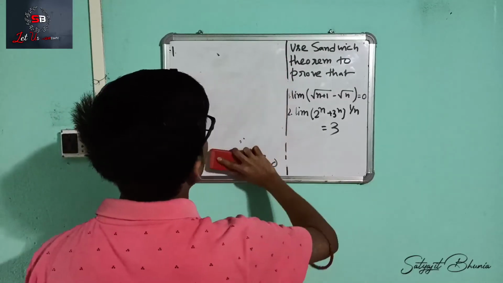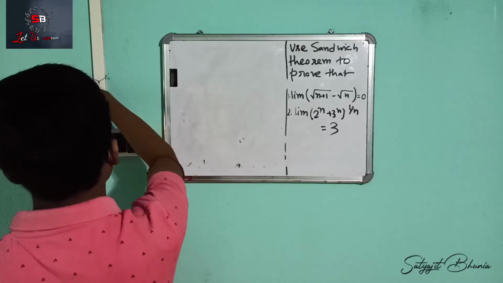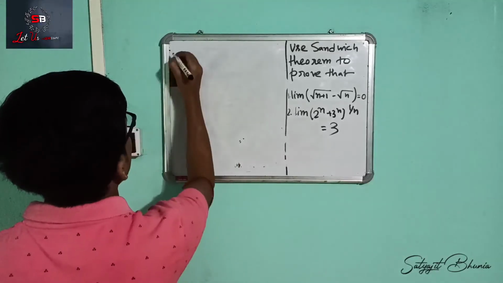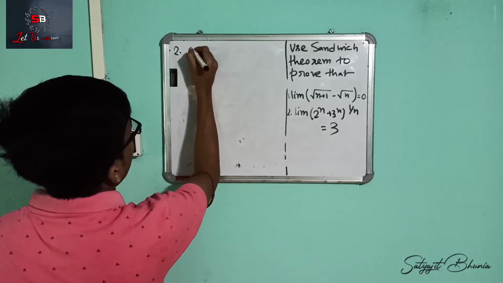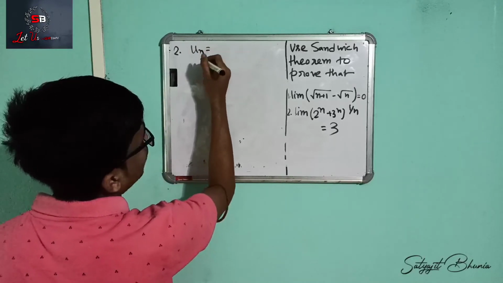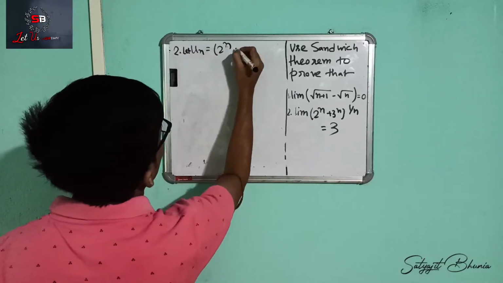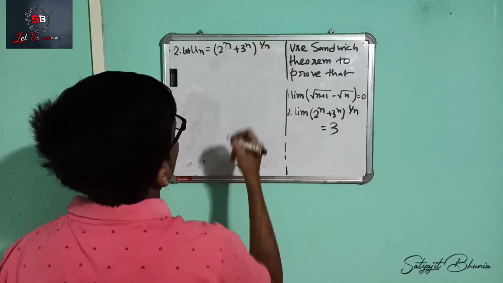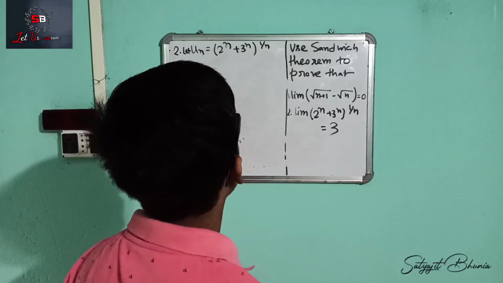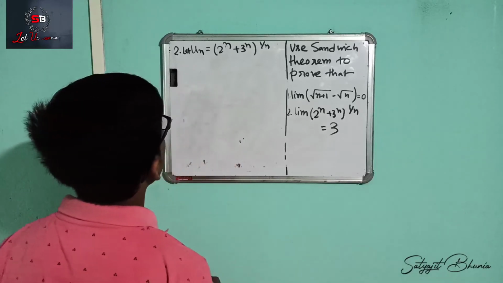Again, now we will start the second math. Here let un be (2 to the power n plus 3 to the power n) whole to the power 1 by n.